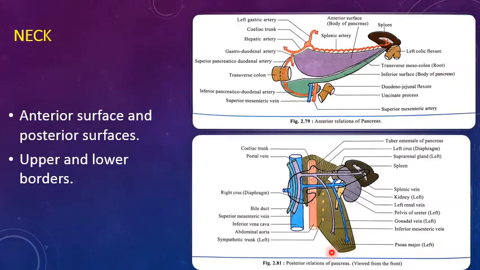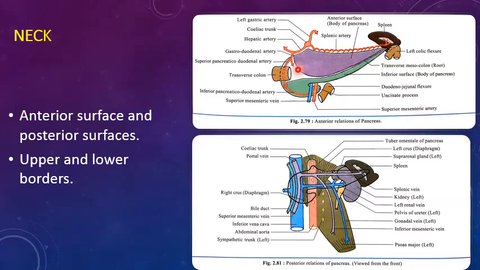Now coming to the neck of the pancreas. It connects the head with the body, right? The neck connects the head of the pancreas with the body, and it is about 2 centimeters long. So the 2 centimeter area between the head and the body is the neck.